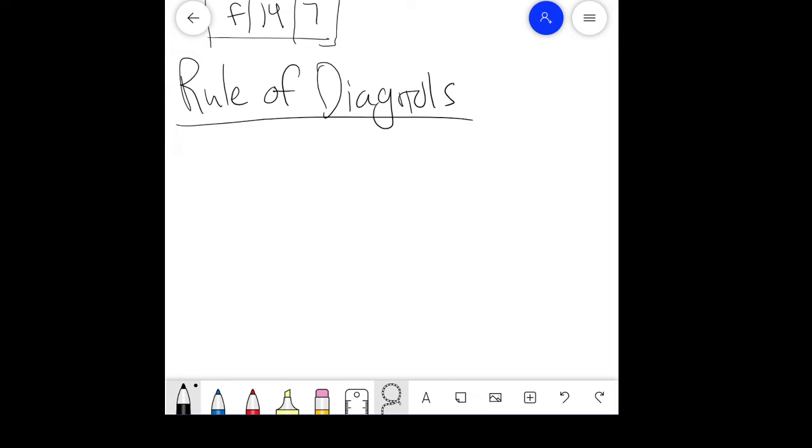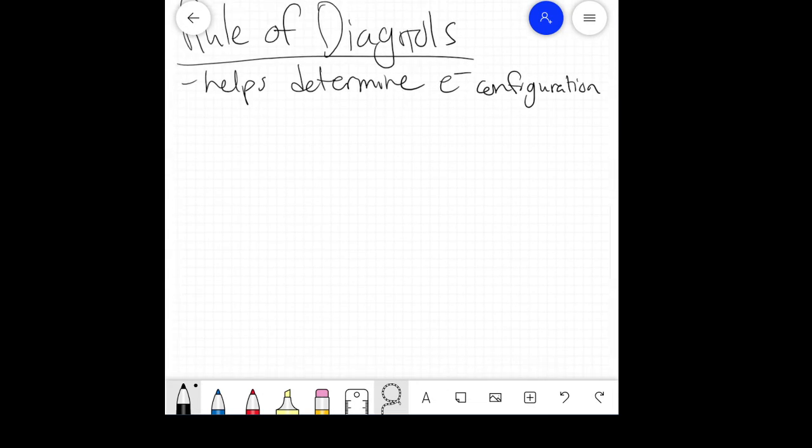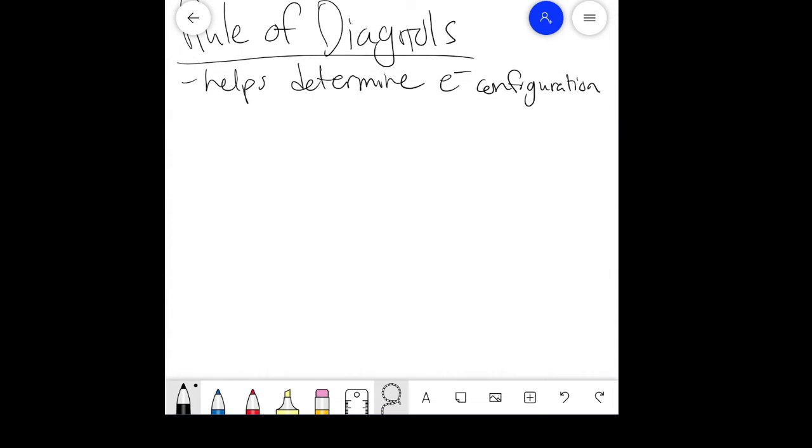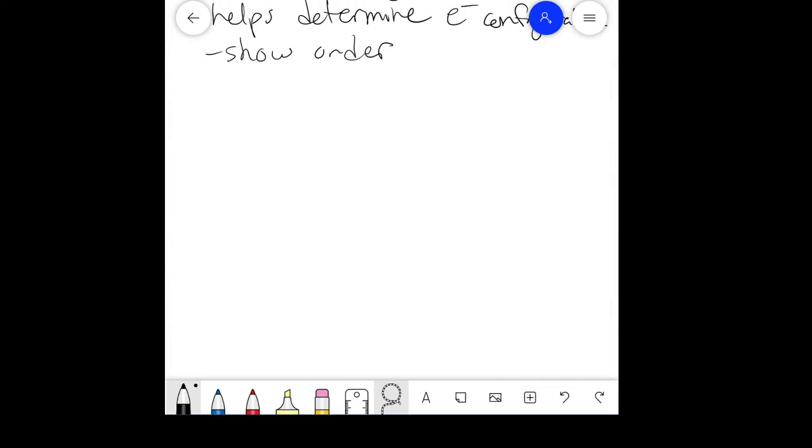Anyway, the rule of diagonals helps determine electron configuration, or how the electrons of an element fill up their energy levels. So they show the order. Okay, let's actually just do the rule of electrons first.